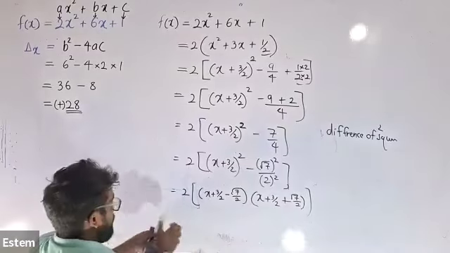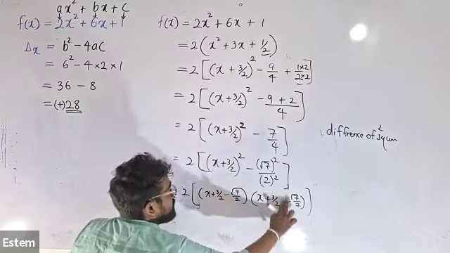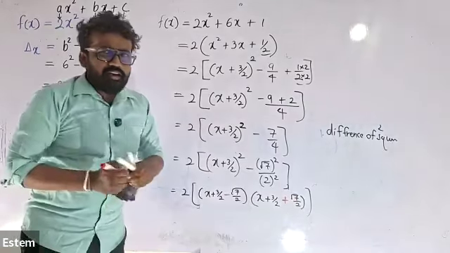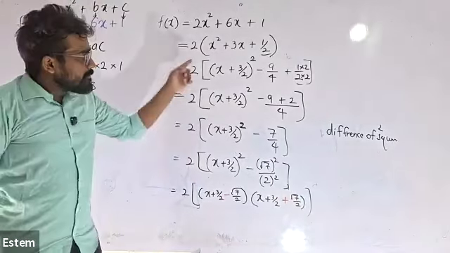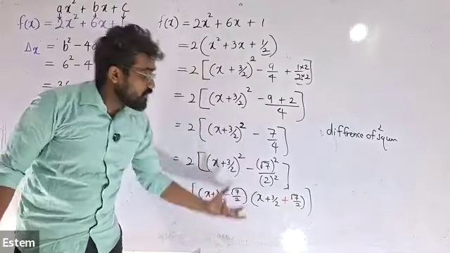For clarity, I will do this in red pen: this is minus and this is plus. I think now you can get some idea about this completing square method. We can factorize these quadratic functions also.